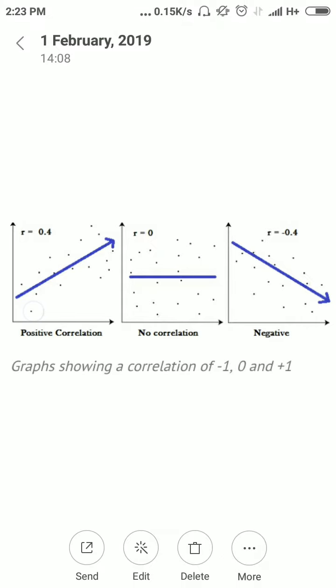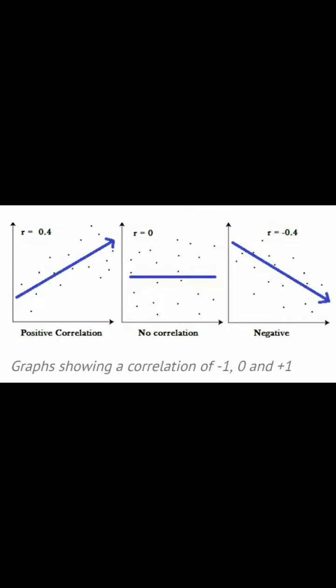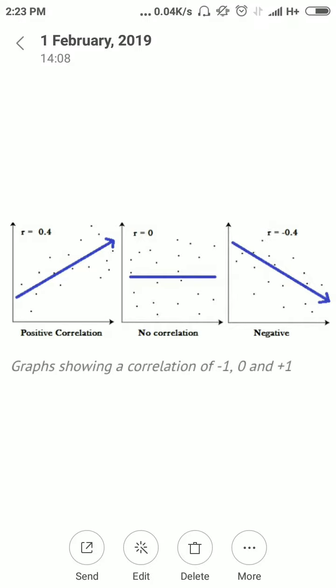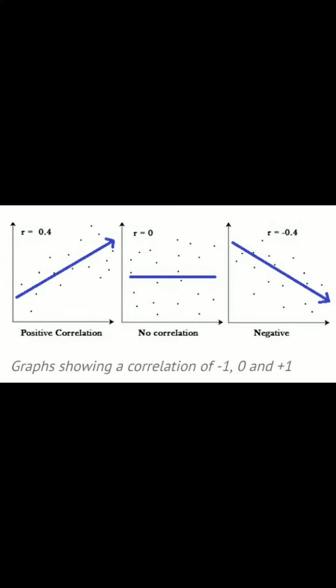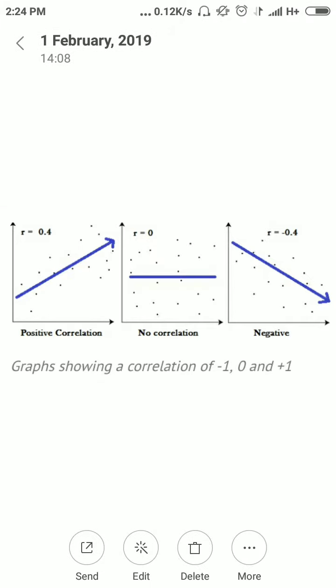In the first, there is a definite pattern of distribution, it's upward, and that is why it's positive correlation. And here it's a negative correlation because you can see it's descending down. In the last slide I will discuss more about this correlation.